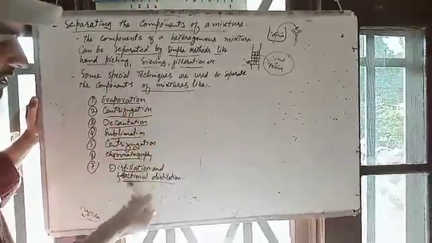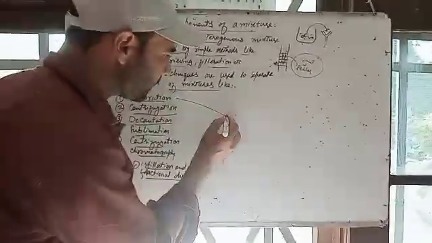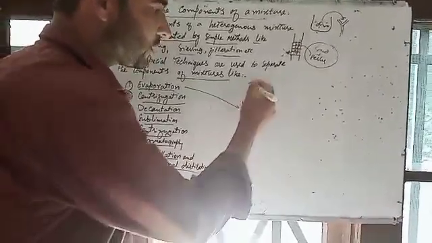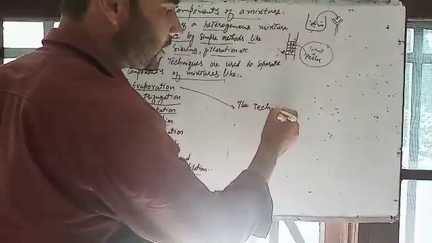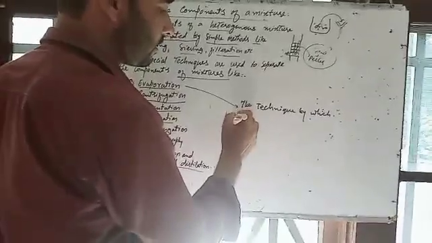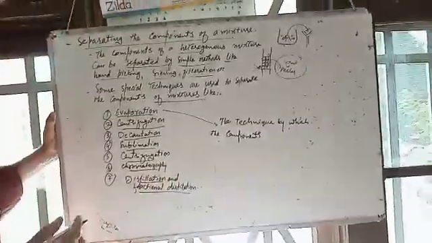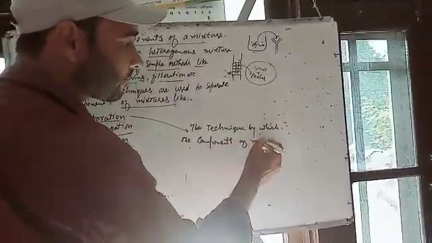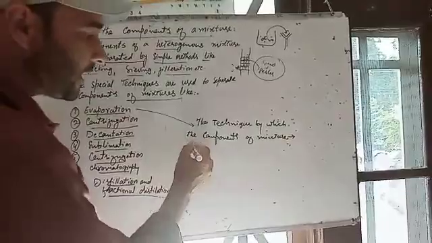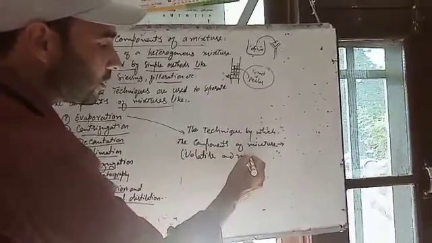We will take these techniques one by one, and first we will take evaporation. What is evaporation? It is the technique by which the components of a mixture are separated, and these components must be volatile and non-volatile.